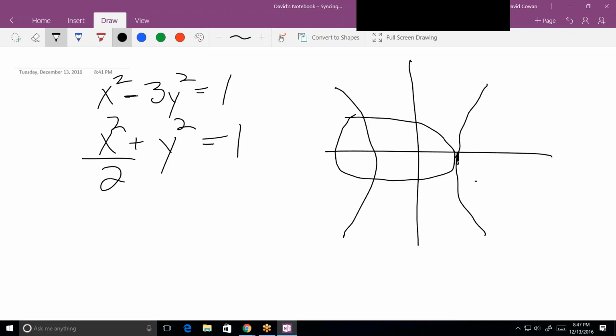So graphically, if we could just graph both of them, we would see where they intersect. One way to do it on your calculator: put that in as y sub 1, put that in as y sub 2, figure out the intersection points, and you have your answer. Now let's look at solving it algebraically.